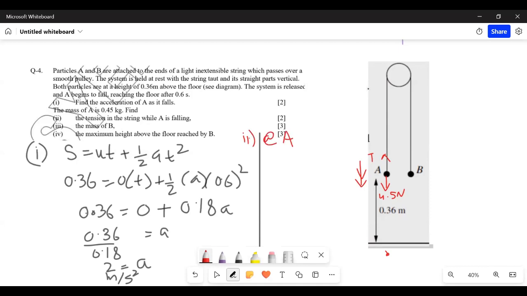क्या इक्वेशन बनेगी A पे? फॉरवर्ड फोर्स माइनस बैकवर्ड फोर्स इज इक्वल्स टू ma। What should be the equation? 4.5 minus T equals 0.45 into 2.